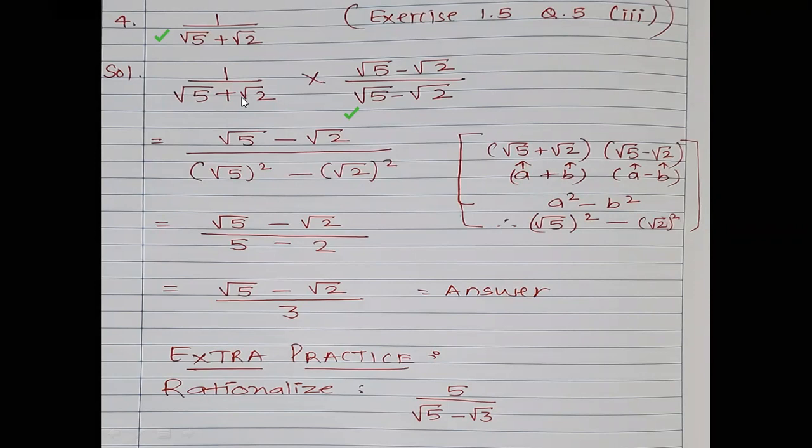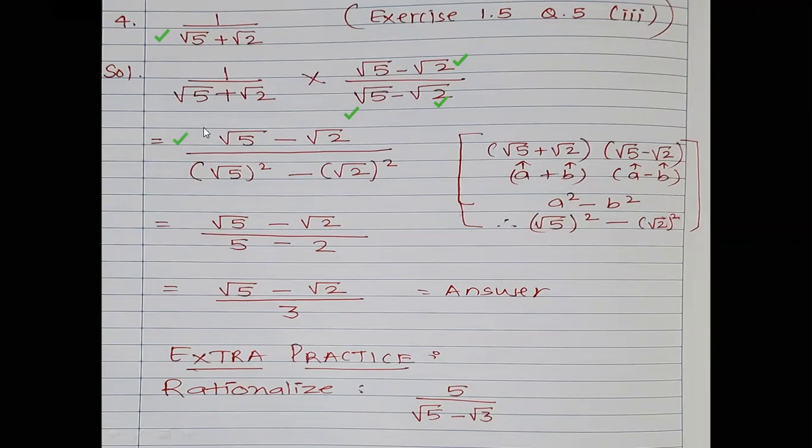We'll multiply the numerator and the denominator with the number that is given in the denominator of the question, but with a change in sign. So the numerator and the denominator is multiplied with root 5 minus root 2. So in the next step, what we'll write is 1 into root 5 minus root 2 remains the same number.